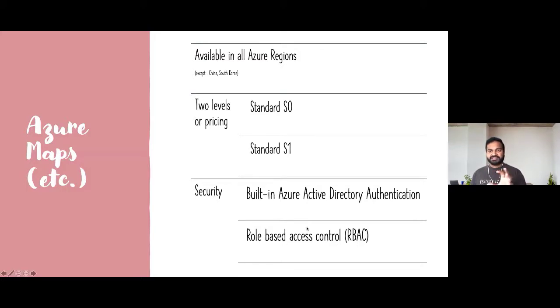Because it's just getting started, we may not have enough time to get into the security piece, but all of the documentation that you see on docs.microsoft.com for Azure Maps has the authentication piece in the code, so it's very easy to go through it and understand what we have to do to get authentication enabled on the maps.